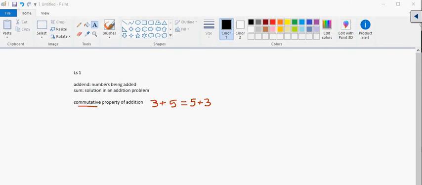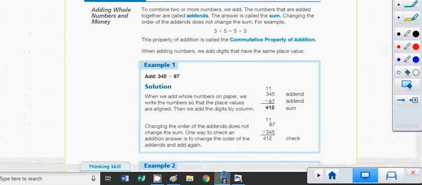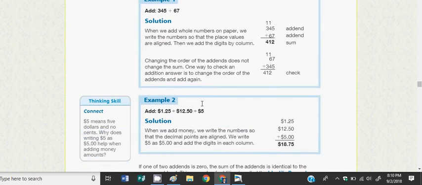Next, let's see what we have. So add-ins, the numbers being added, can be rearranged to the same result in your addition problems. Here we have in example 1, the addition of 345 plus 67. When we add whole numbers on paper, we write the numbers by place values.